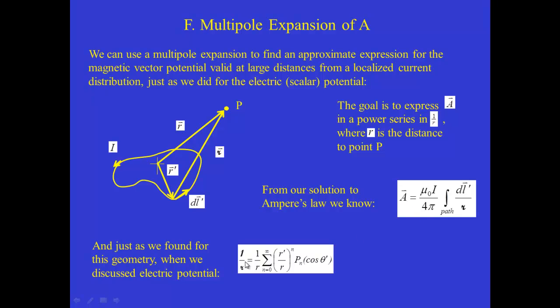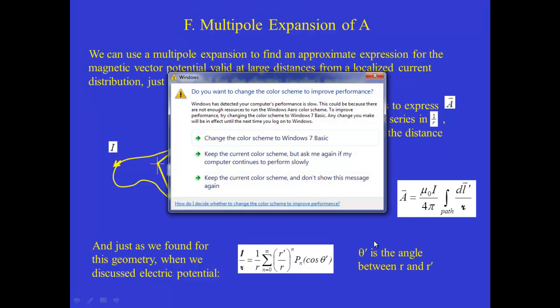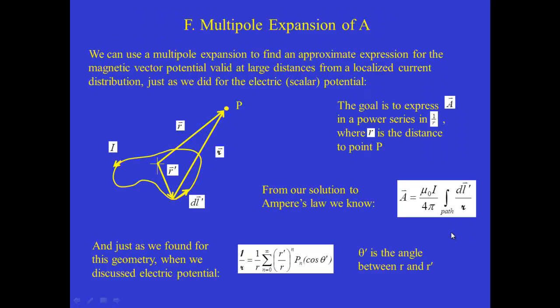This expansion can simply be substituted into the expression for the vector potential. Theta prime is the angle between vector r and vector r prime, and it appears in the argument of the Legendre polynomial.